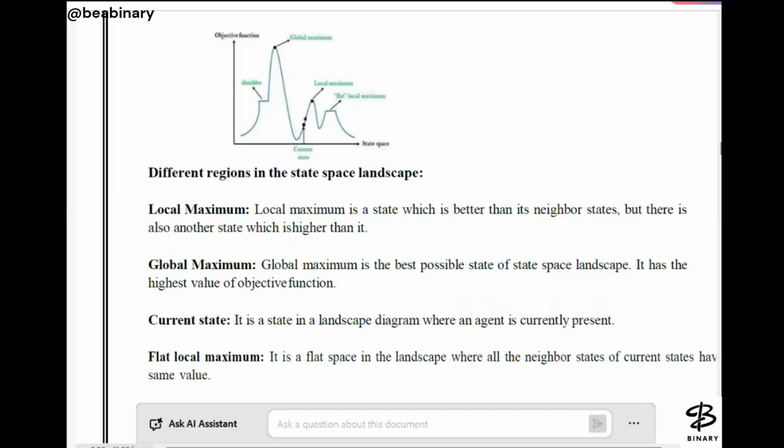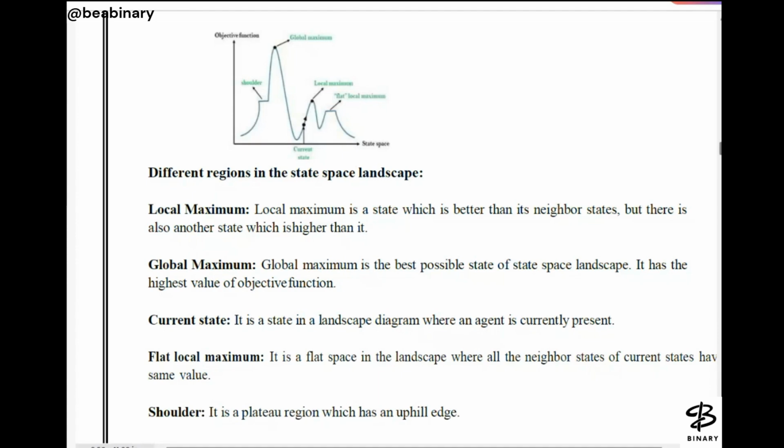The local maximum is a state which is better than its neighboring states, but there is also another state which is higher than it. Then the global maximum is the best possible state of the state space landscape and it has the highest value of the objective function. The current state is a landscape diagram where an agent is currently present, right?